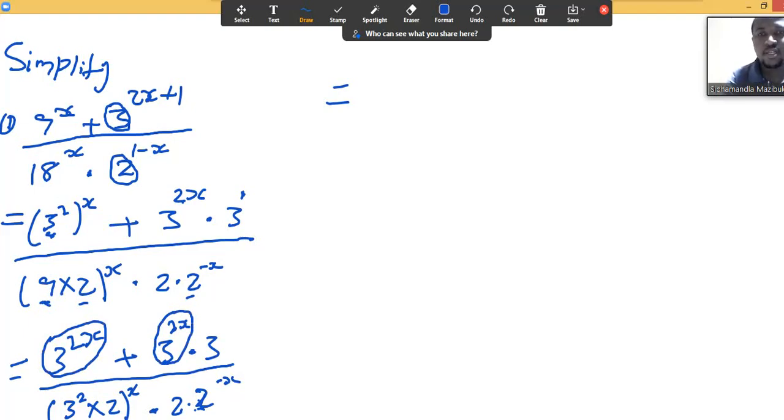If we take 3 to the power 2x out, inside the bracket we'll be left with 1, because 3 to the power 2x times 1 gives you 3 to the power 2x. Then we have a plus, we're also taking out 3 to the power 2x, and then we'll be left with 3.